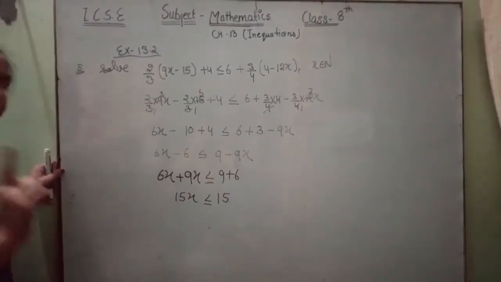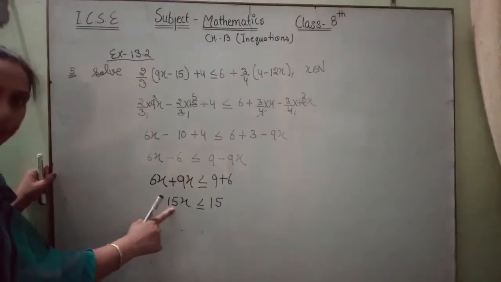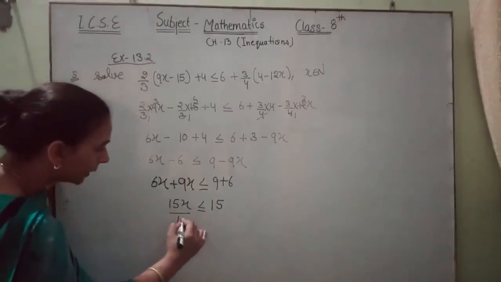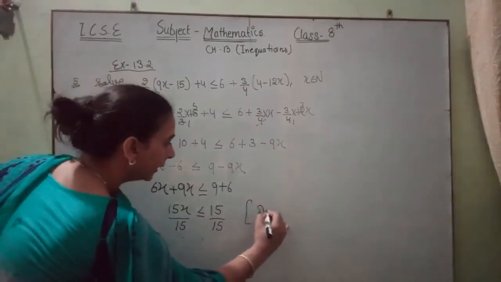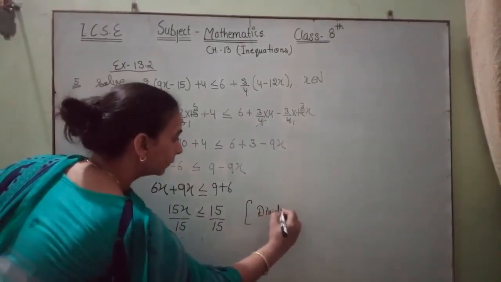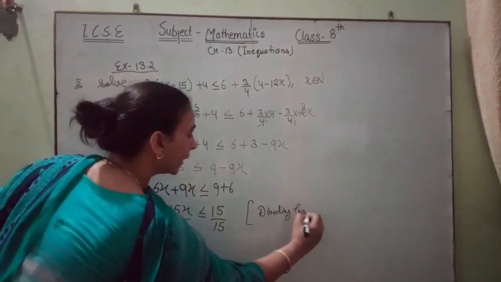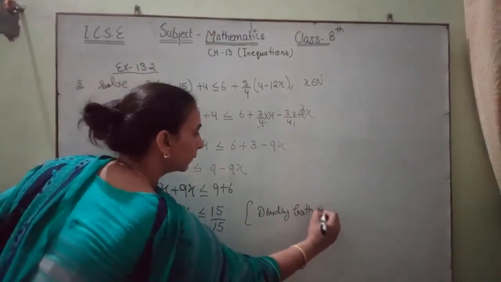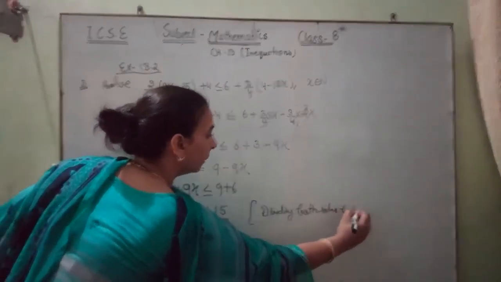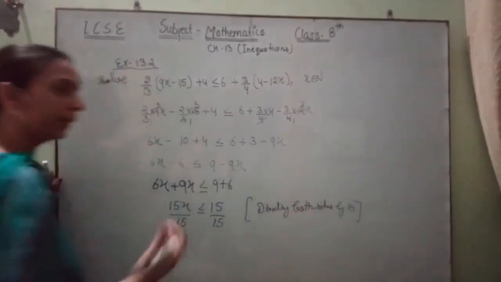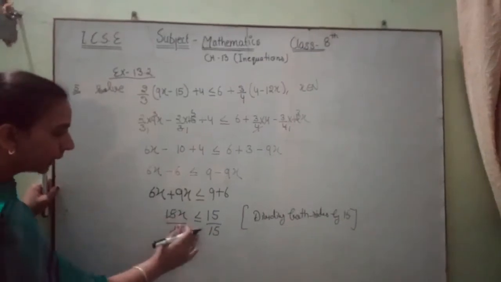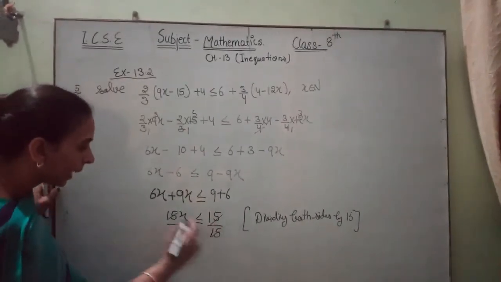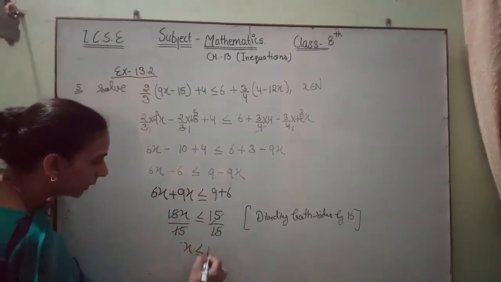The coefficient of x is 1, so we divide both sides by 15. If we divide by a positive number, the sign of inequality does not change, so x less than or equal to 1.